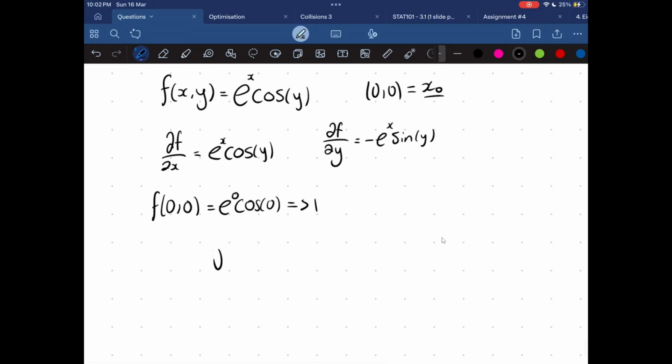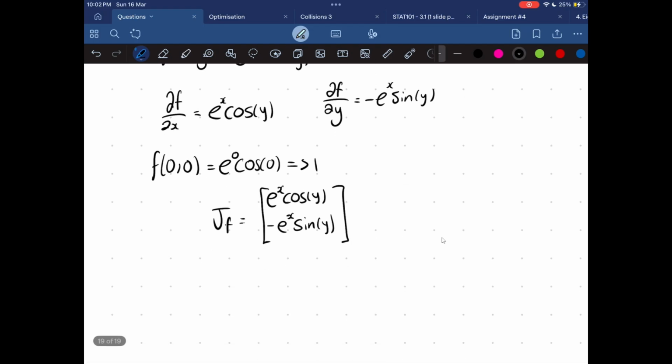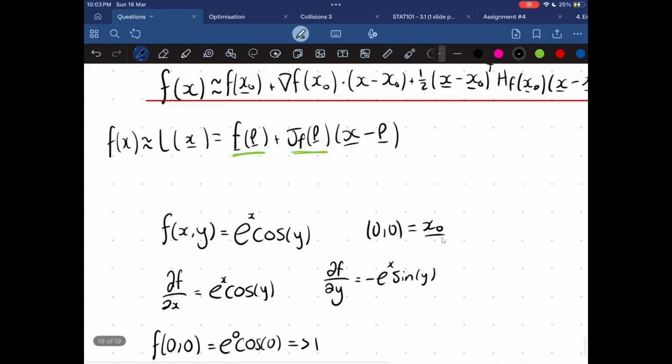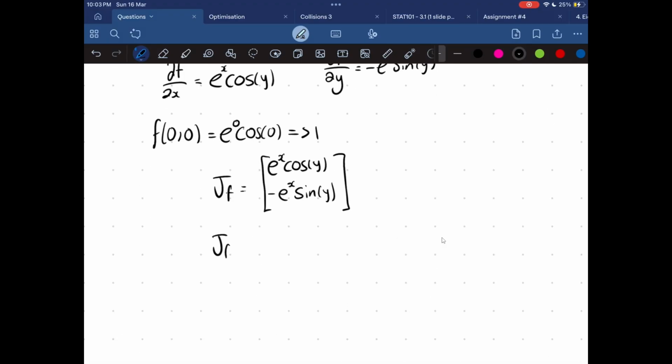So in this case, our Jacobian will be e to the x cosine of y and negative e to the x sine of y. The top entry is with respect to x and the bottom one with respect to y. Perfect. So now that we have our Jacobian, we can evaluate this at the point P. So Jf at 0, 0 will be 1, and then sine of 0, so just 1, 0.